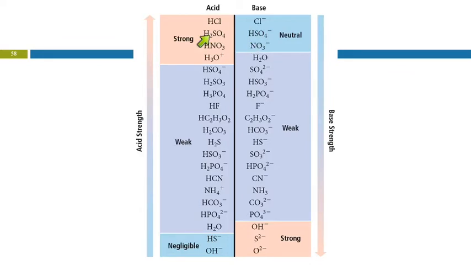Down here we have strong bases. And so their conjugate acids are also neutral. And in between, we have weak acids and weak bases. The stronger an acid is, the weaker its conjugate base, and vice versa.